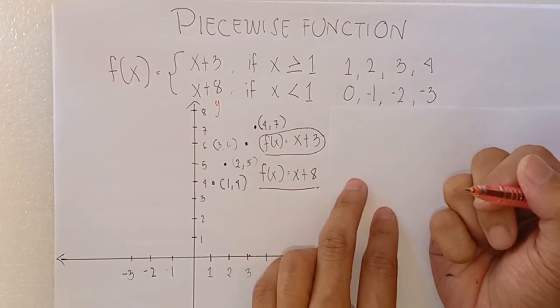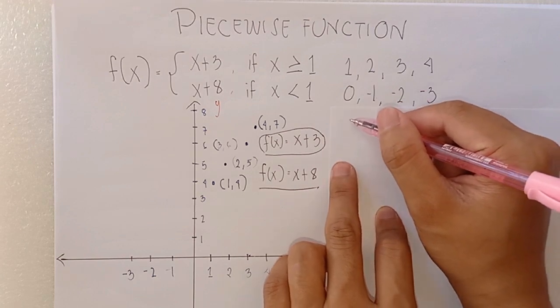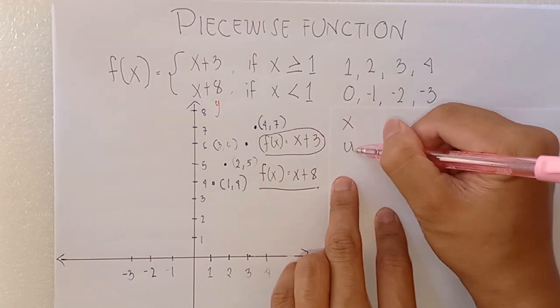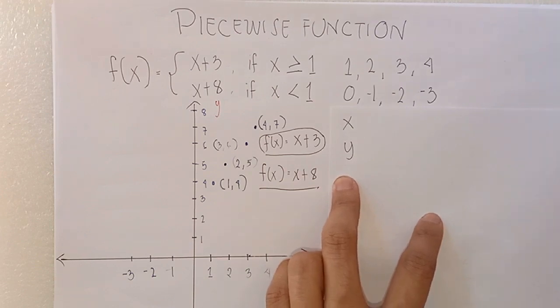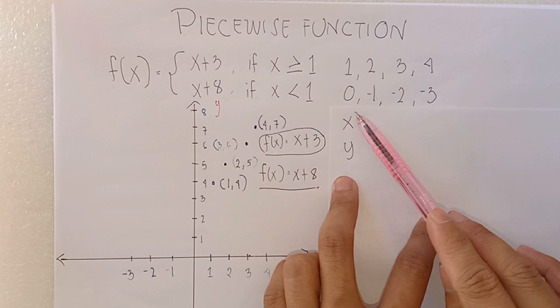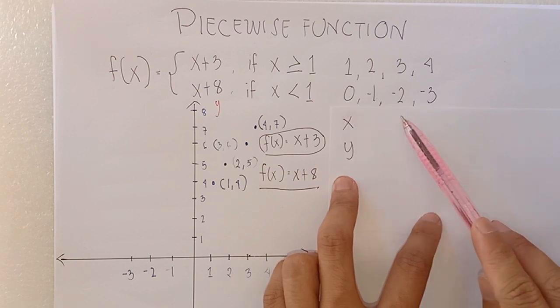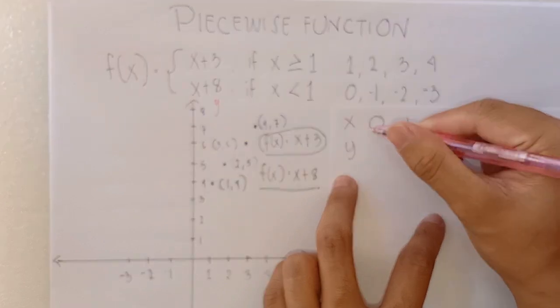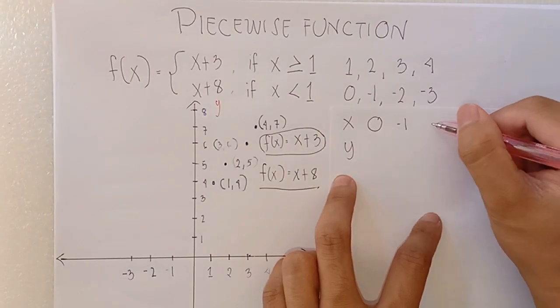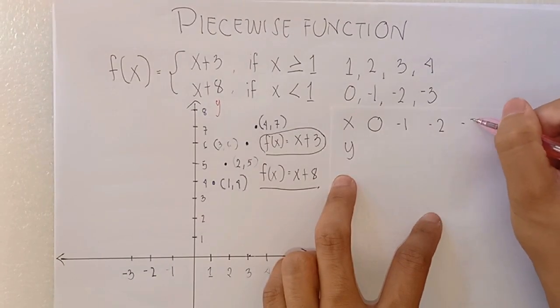The x should be less than 1. So 1 is not included because it's not less than or equal to 1. It's just less than 1. The x values less than 1 are 0, negative 1, negative 2, and negative 3.